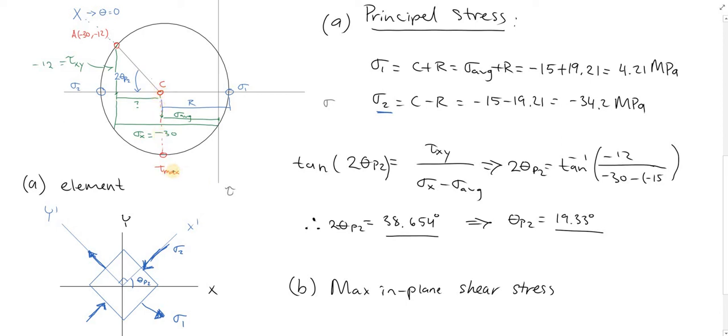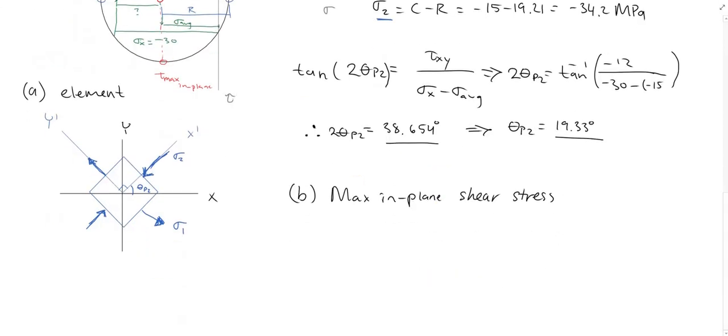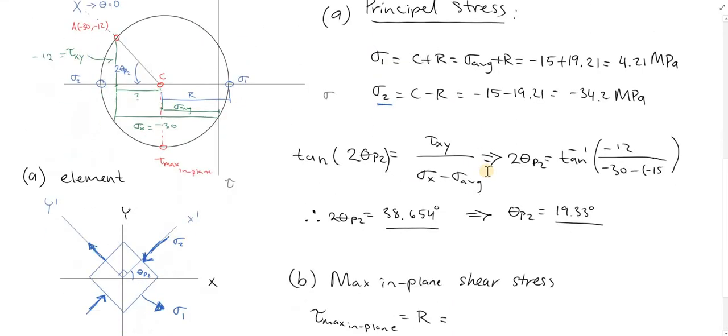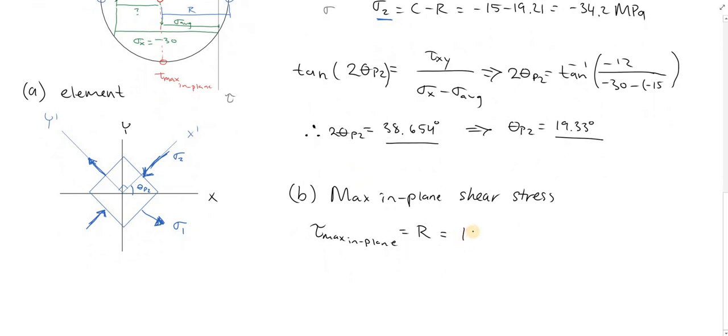Well, it tells us that our max in plane shear stress is just the same as our radius. So if I write that out, max in plane equals to our radius, which is our 19.21 megapascals.